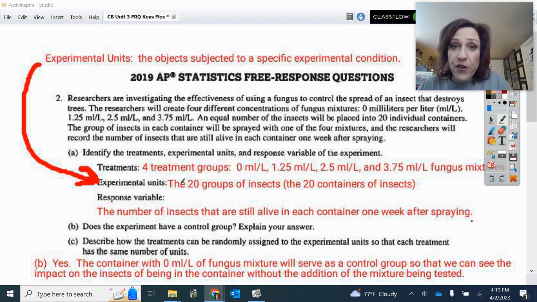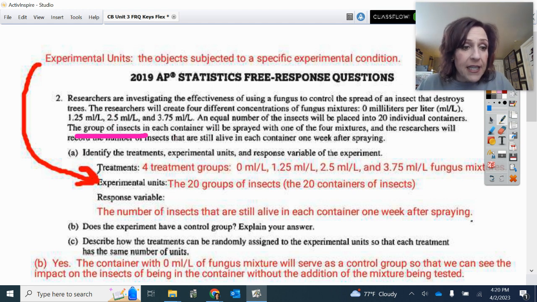Now, the response variable. You had to say some kind of quantitative word, such as what you were measuring in each container. In fact, don't forget to let the prompt lead you in your phrasing. It says right here, the group of insects in each container will be sprayed.